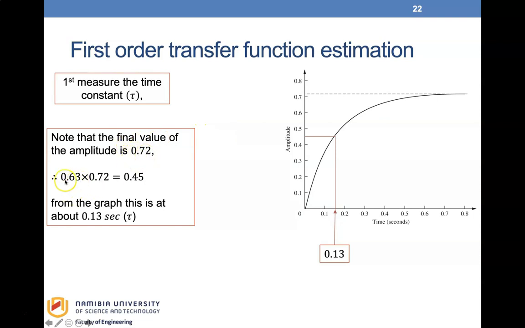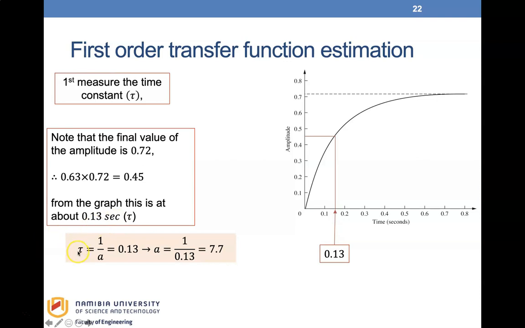Therefore, our time constant will be at 0.63 times 0.72, which is 0.45. So we come here, find 0.45 on the graph, and then we measure the time. And here the time is 0.13, which means that our time constant, tau, is 0.13 seconds.